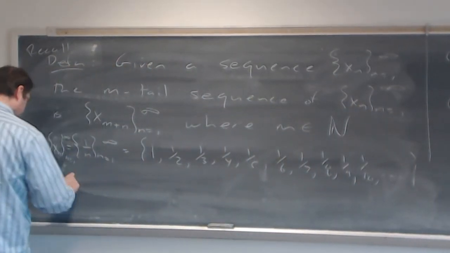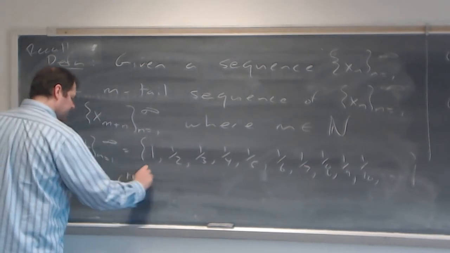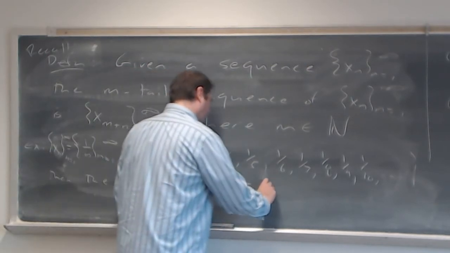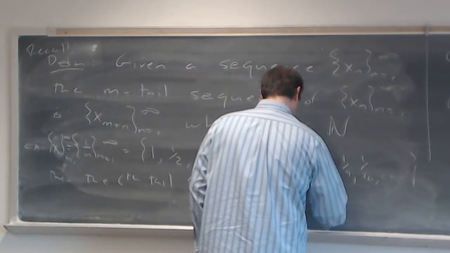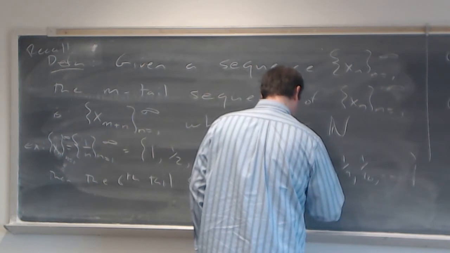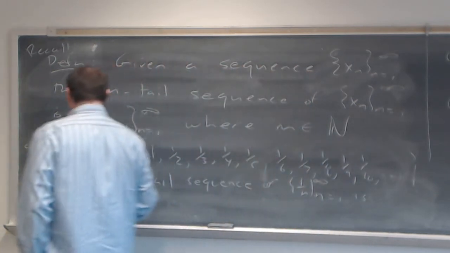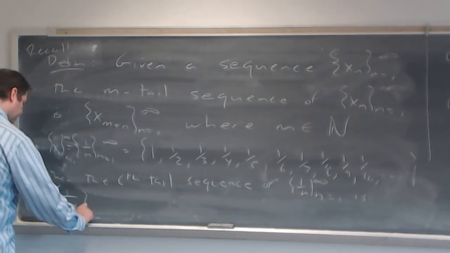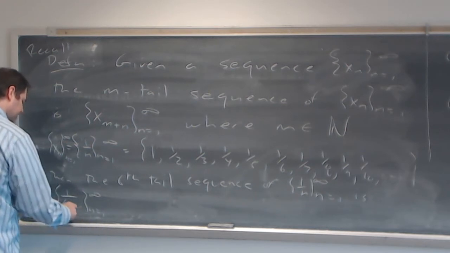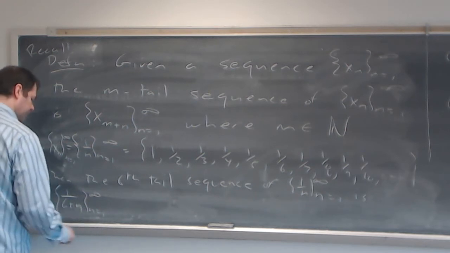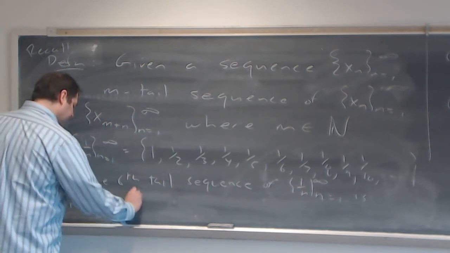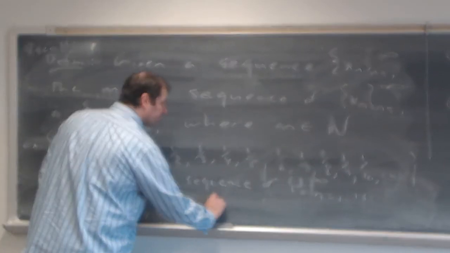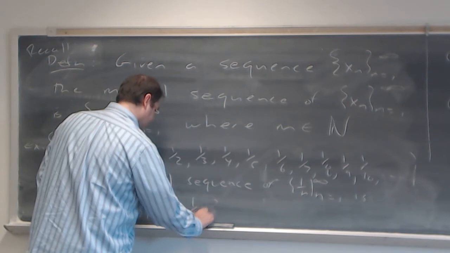Then the sixth tail sequence of 1 over n is 1 over 6 plus n, as n runs from 1 to infinity, which is the same thing as 1/7, 1/8, 1/9, 1/10, and so forth.